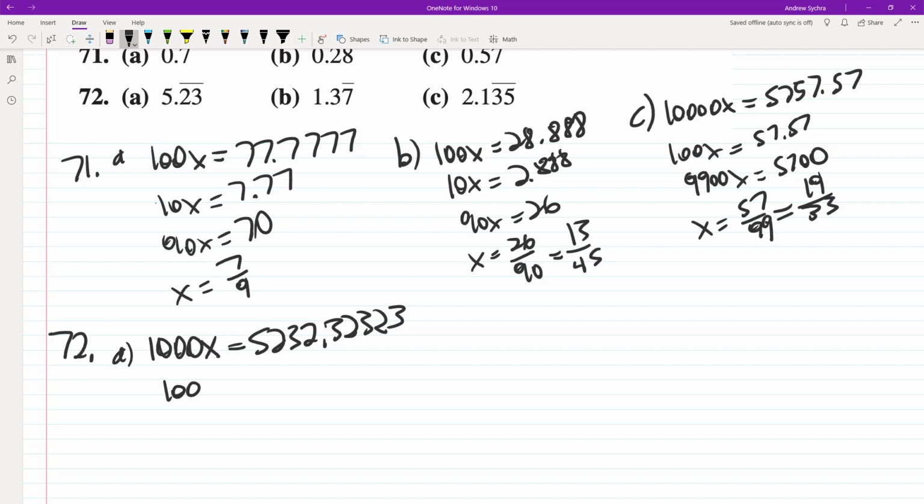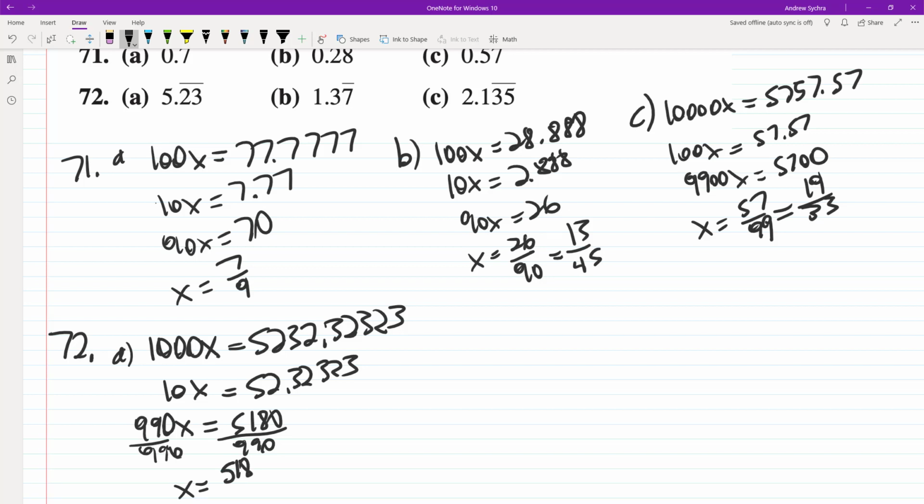So two decimal places. Oops. 990x is equal to 5,180. You subtract these from each other, and then you just divide through by 990. And that's how you end up with 518 over 99. Okay. Part B.